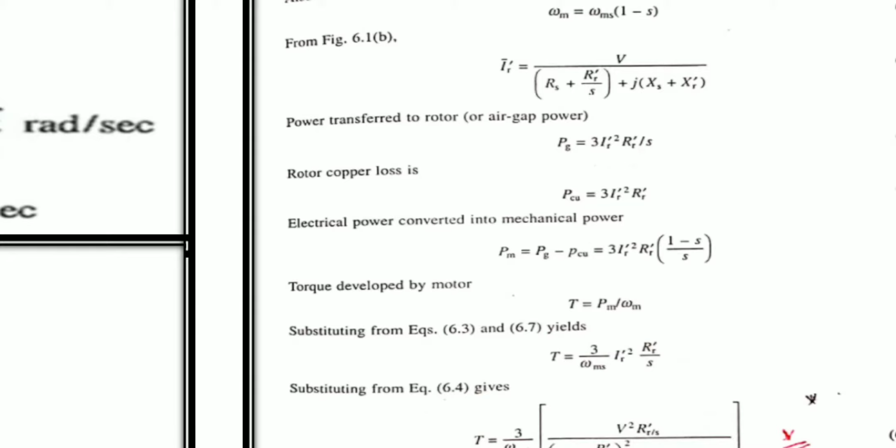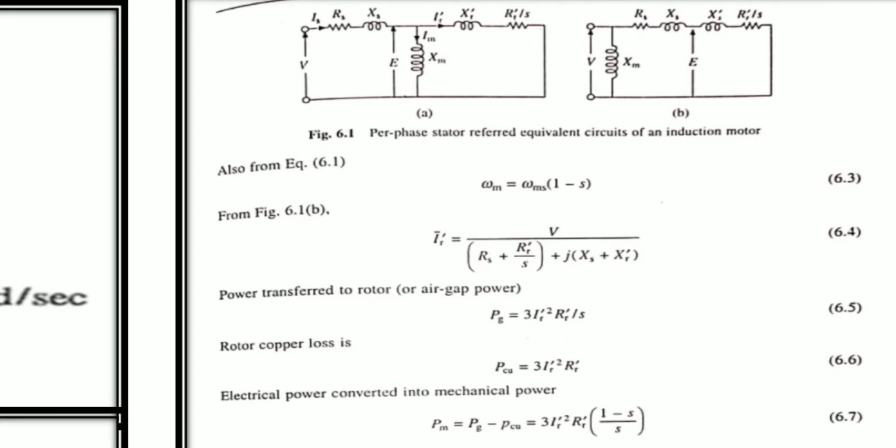Now let me consider this from figure 6.1b. This figure is the per-phase, stator-referred equivalent circuit of the induction motor, the simplified circuit. How have we drawn this simplified circuit? Here the stator impedance drop is very negligible compared to the terminal voltage itself, capital V. So the equivalent circuit is simplified, and that is what I have drawn here.